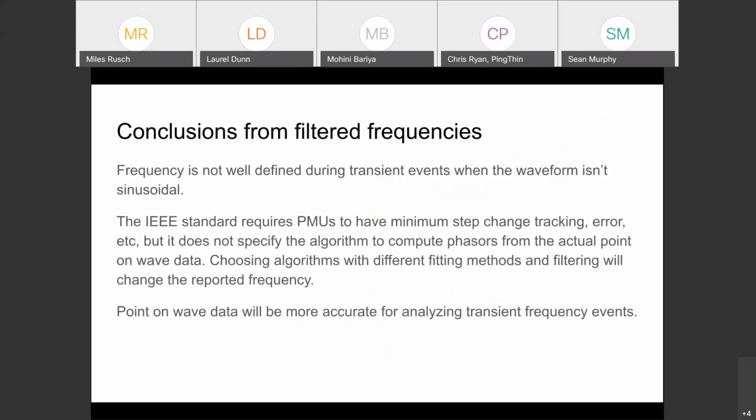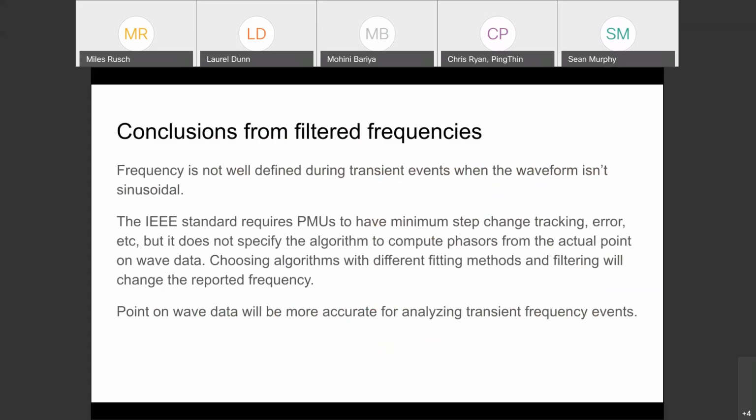And so a few conclusions. Another point is that frequency is not really well defined during transient events, because during these events the waveform isn't really sinusoidal for a brief period of time.